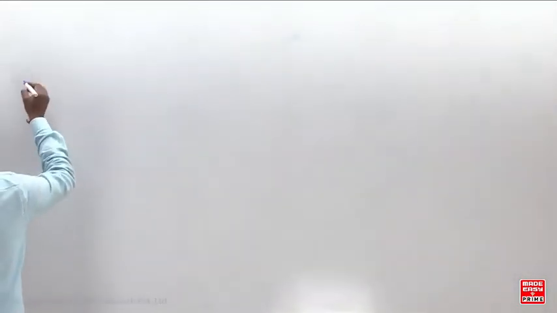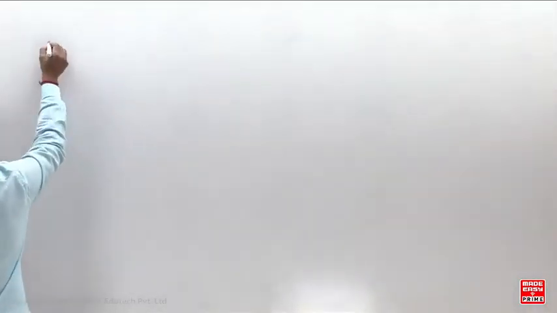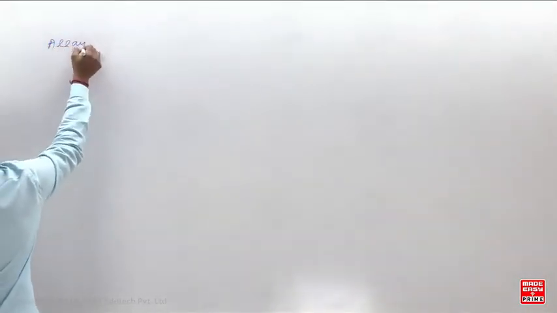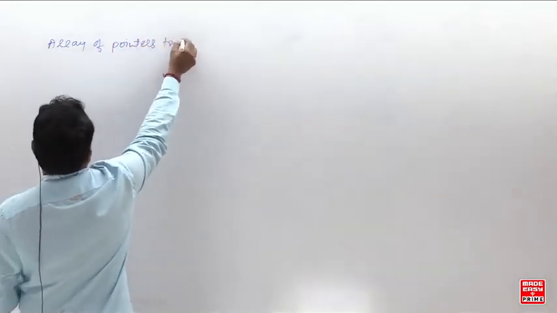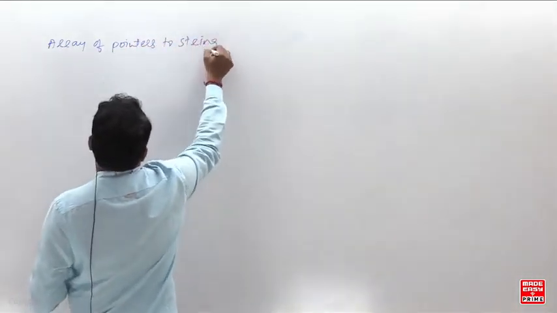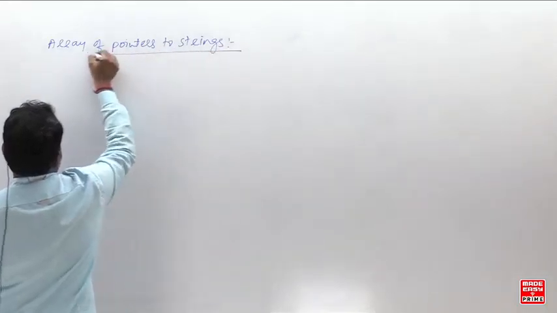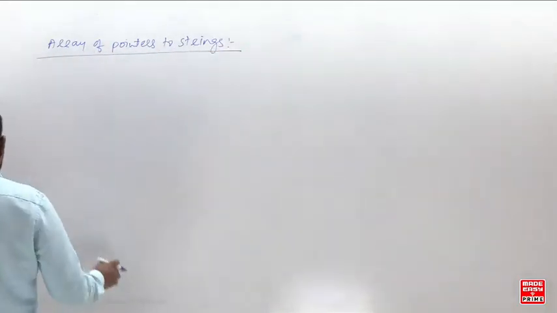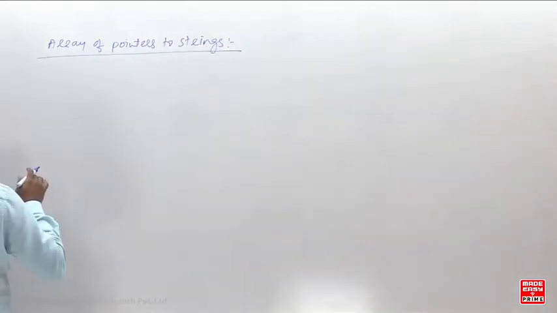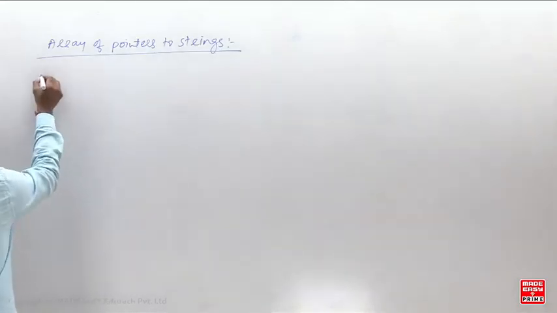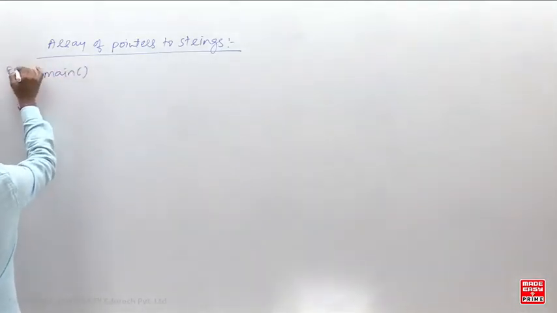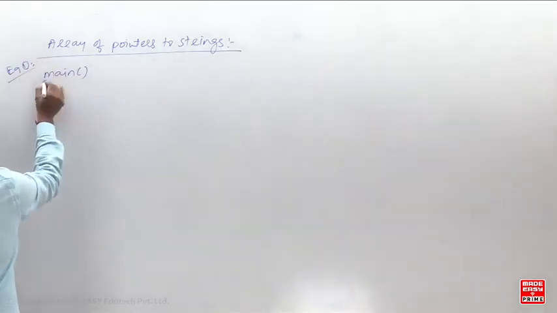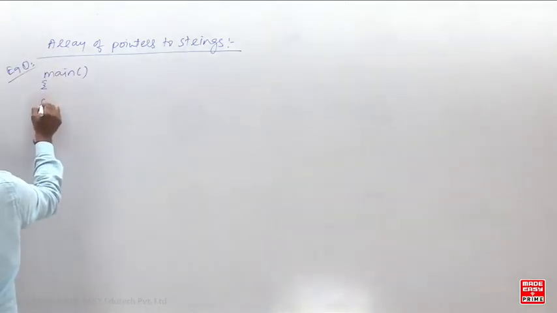Just note down the next heading: array of pointers to strings. Take example 1 first. Copy the diagram meaningfully.